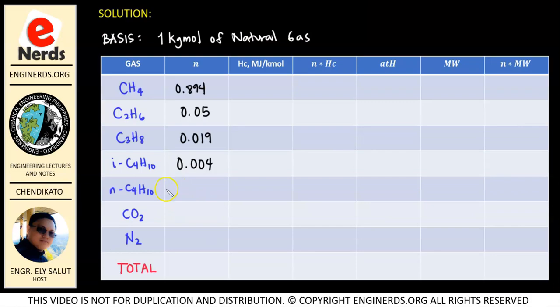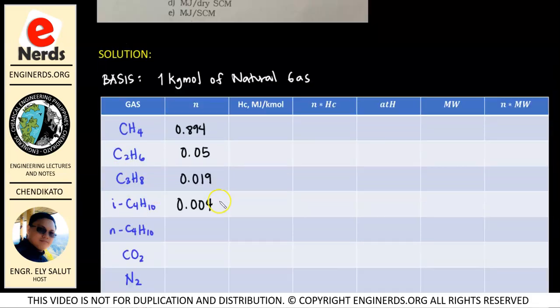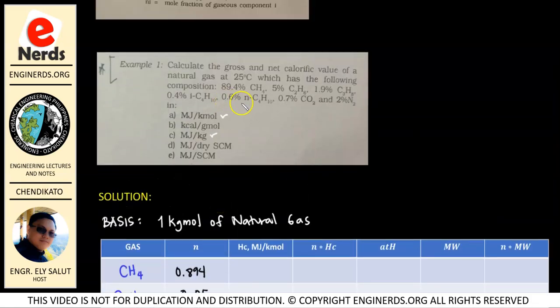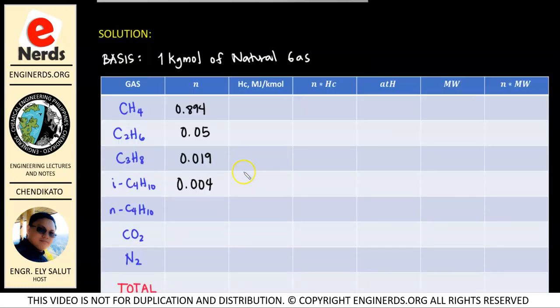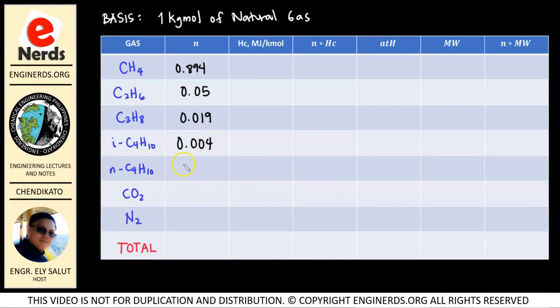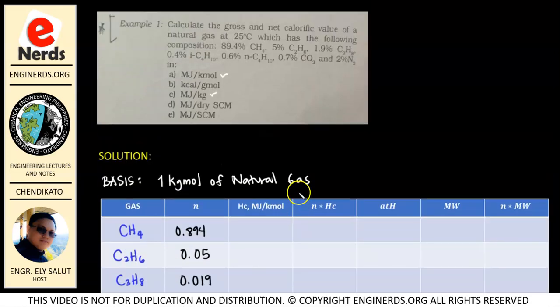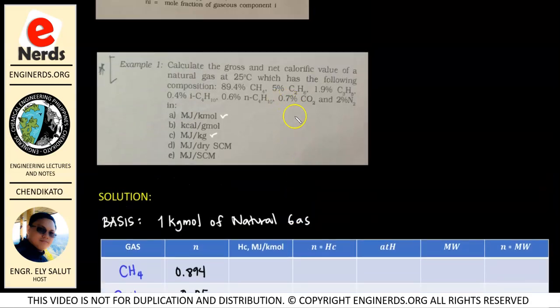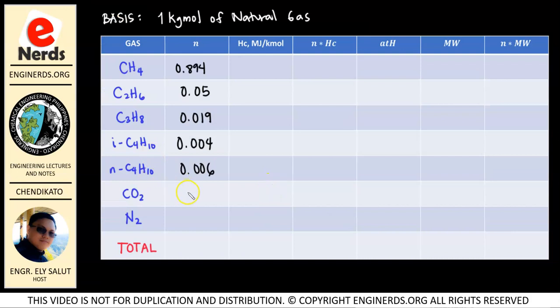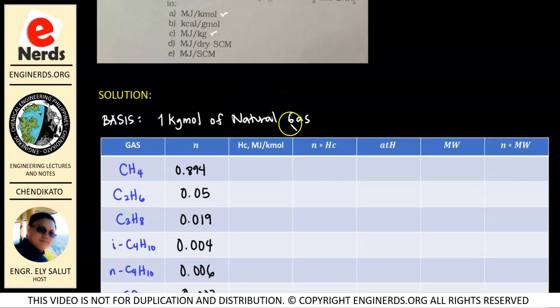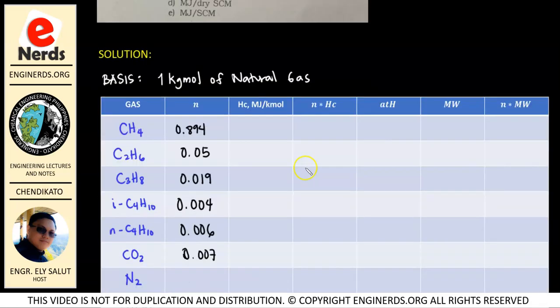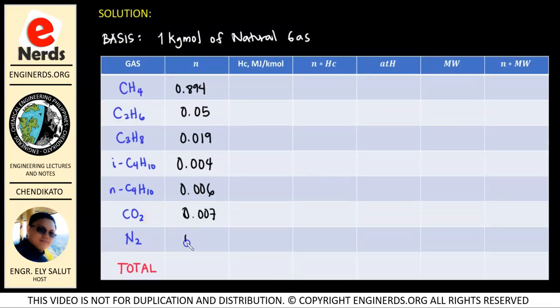At para naman sa NC4H10, our n-butane, which is 0.6%, that means we have here 0.006. Para naman sa ating carbon dioxide, CO2, we have 0.7%, so therefore we have here 0.007. And para sa N2, we have 2%, so therefore we have 0.02 kilogram mole.